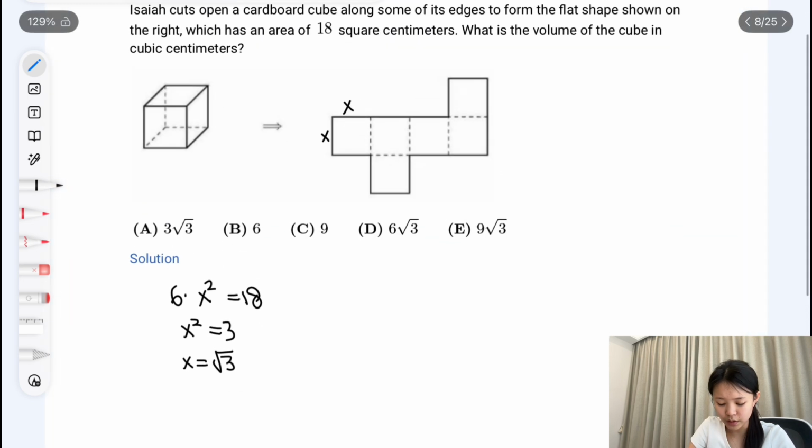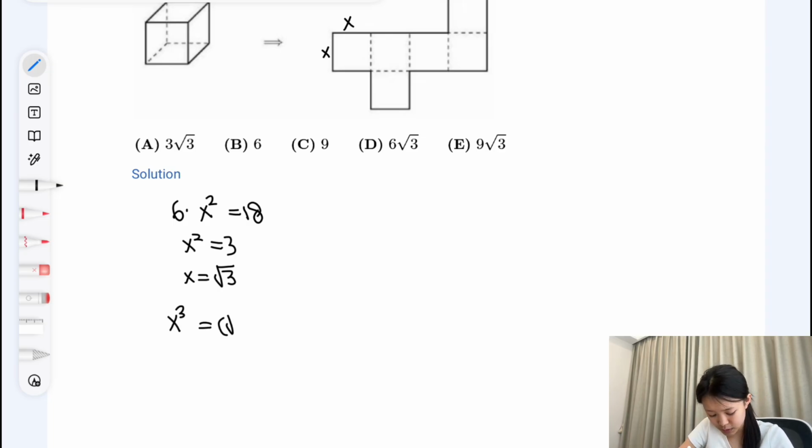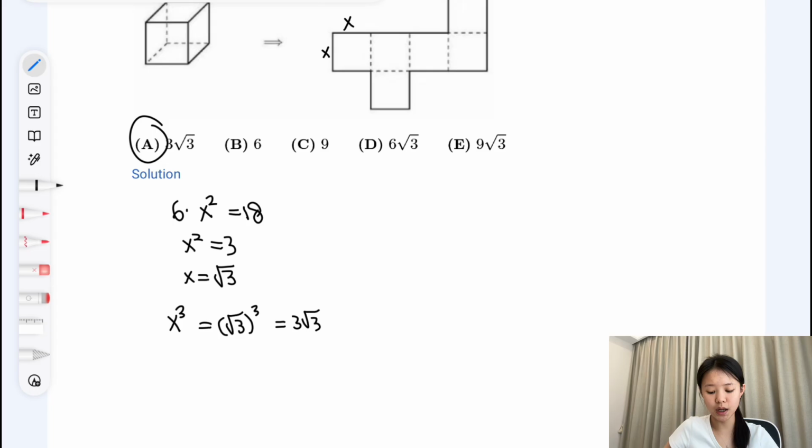The volume equals x cubed, and that would be square root of 3 cubed, which is 3 times square root of 3. So the answer is A, which is 3 times square root of 3.